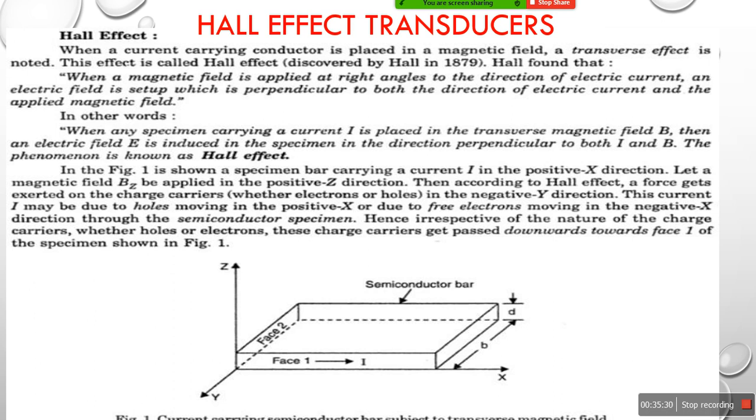From physics at your intermediate level, you might have studied that the magnetic field and the electric field are perpendicular to each other. This phenomenon is known as the Hall effect.